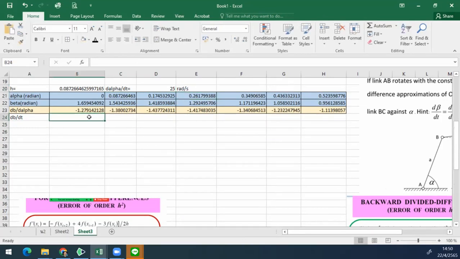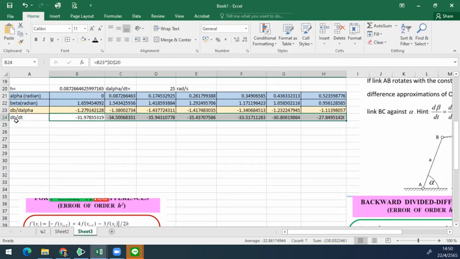So then it's very easy to determine. It's equal to this term times 25. It's over here. That's all for this problem.